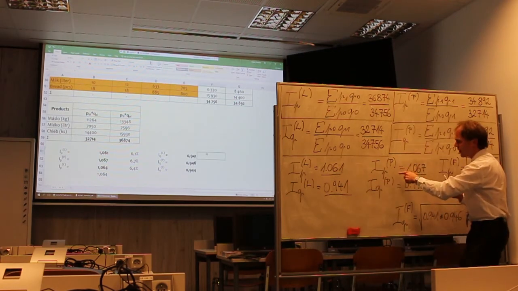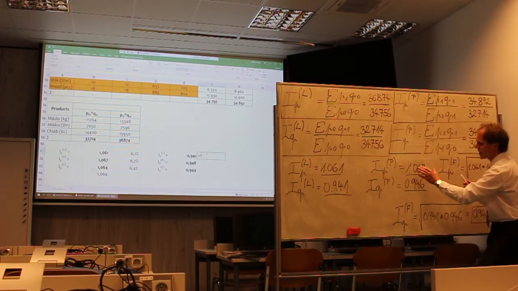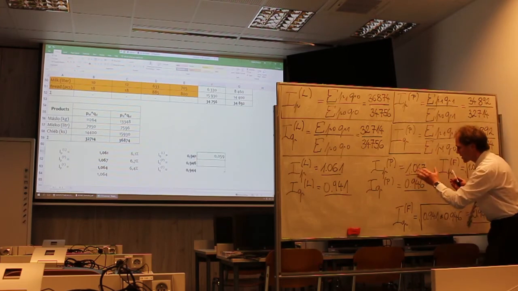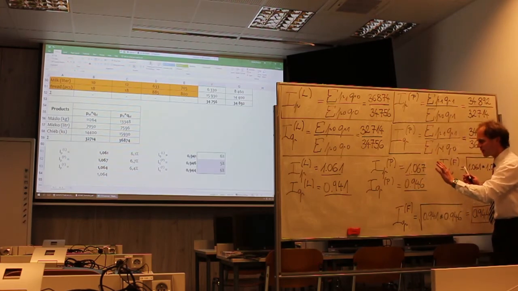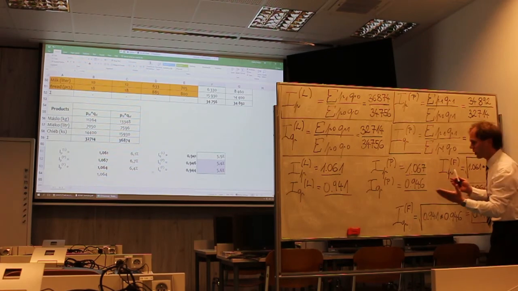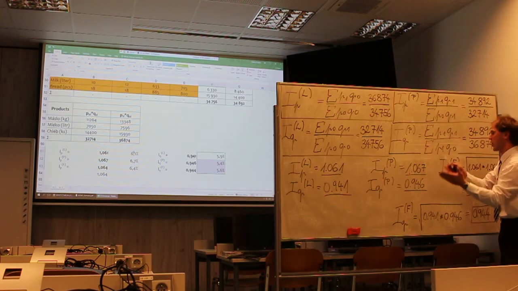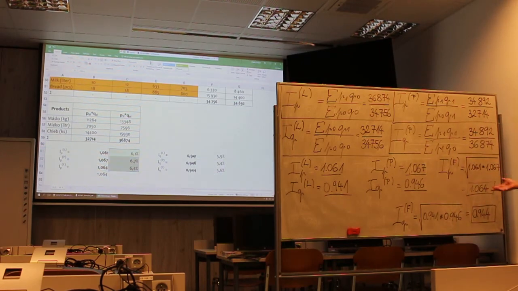Paasche price index says that your prices increased by 6.7% with fixation of quantity in the current period, and on average your prices increased by 6.4%.